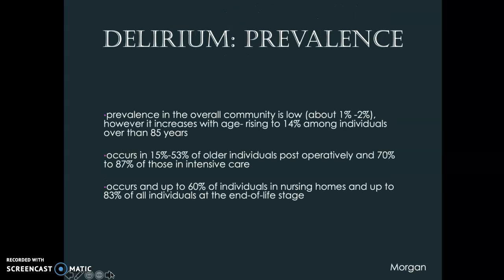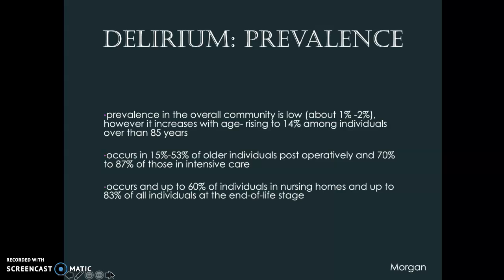The prevalence of delirium. The prevalence is highest among hospitalized older individuals and varies depending on their characteristics. The prevalence of delirium in the overall community is about 1 to 2%, but increases with age, rising to 14% among individuals over 85 years old.